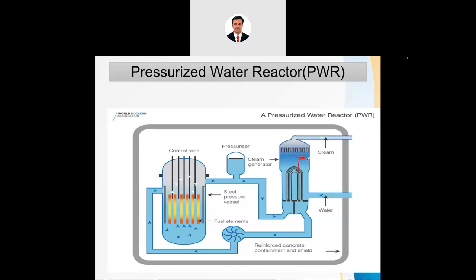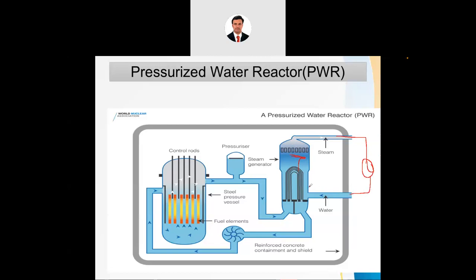The water on the other side of the heat exchanger will evaporate, generate steam, and that steam will be expanded into the turbine.